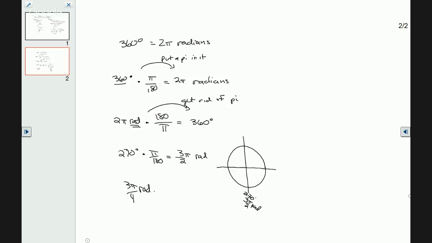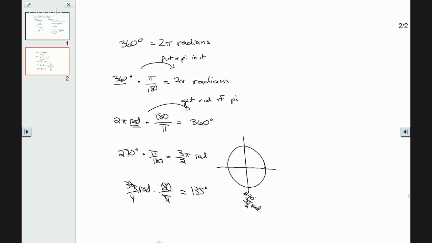Times by 180 over pi. You got to get rid of the pi's. What's 180 divided by 4? 45 times 3. So 135 degrees, I believe.